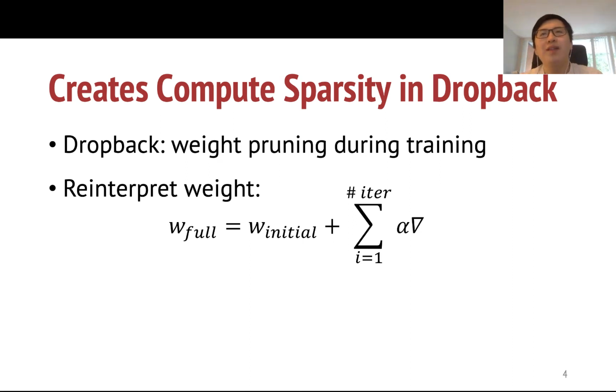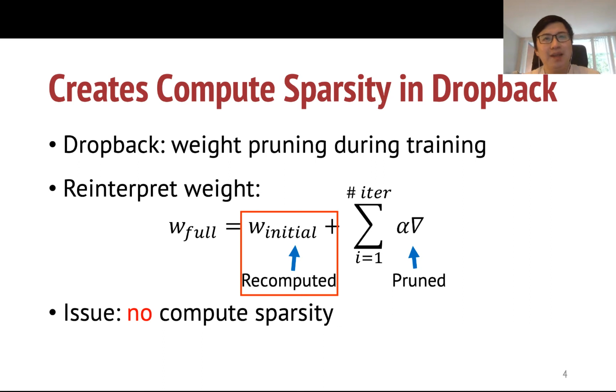The model's weights can be viewed as the initial weights plus the accumulated gradients, where the accumulated gradients represent the amount of learning. Dropback found that it is sufficient to track a small amount of highest accumulated gradients that account for most of the learning. Therefore, the accumulated gradients can be heavily pruned provided that the initial weights are always recomputed.